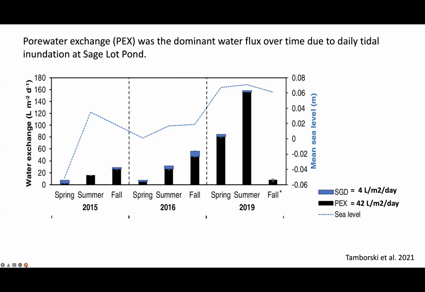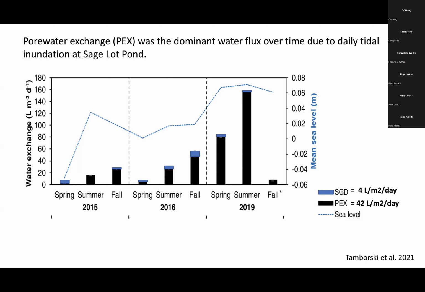So we were able to get both a submarine groundwater discharge and a Porewater exchange. They vary a lot through time, year to year, as well as season to season, but I used an average across this entire time, which is the level that we're looking at this. And so groundwater discharge is about 1/10 of what the Porewater exchange is.